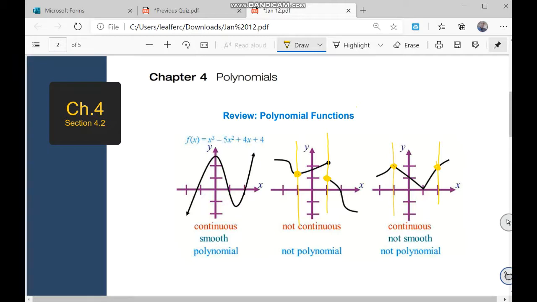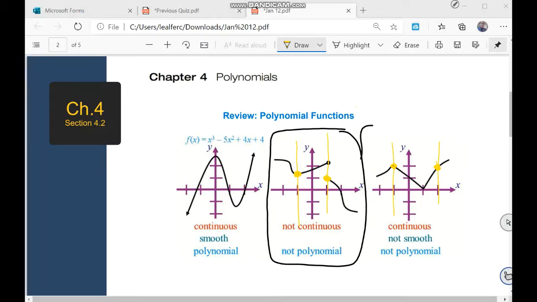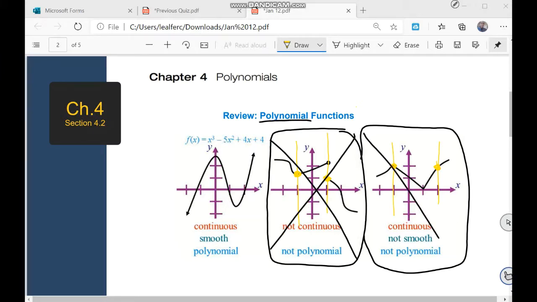For each input you have only one output. This is the vertical line test. But the point is, those graphs here, they are functions, yes. If you try the vertical line test, they pass, that means they are functions, but they are not polynomial functions. No, they are not polynomial functions.